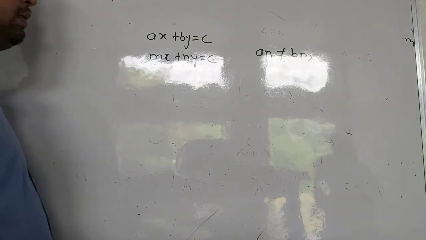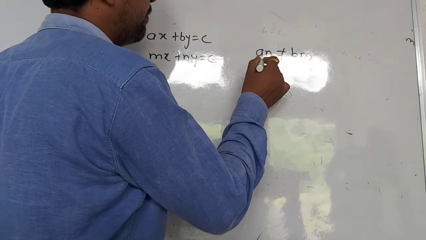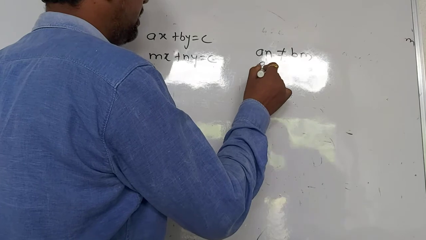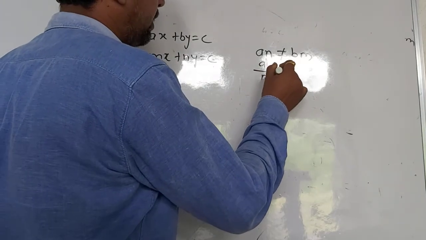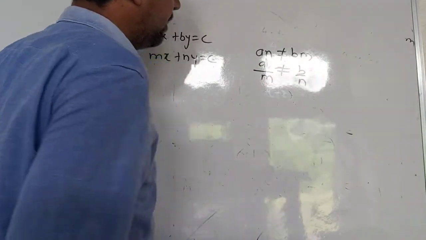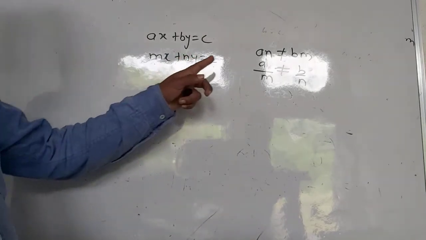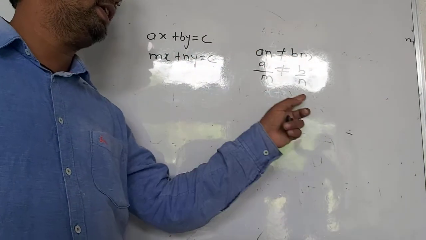First of all, convert this in the form of a fraction. So a by m is not equal to b by n. I am taking m to the left side and n to the right side.